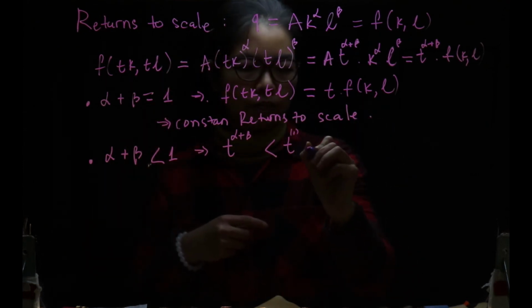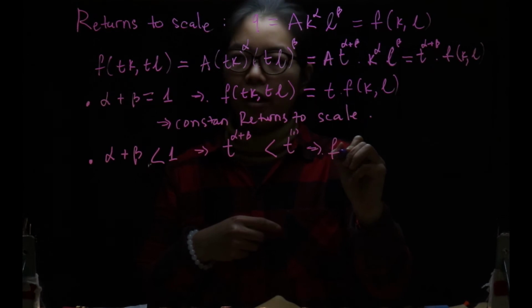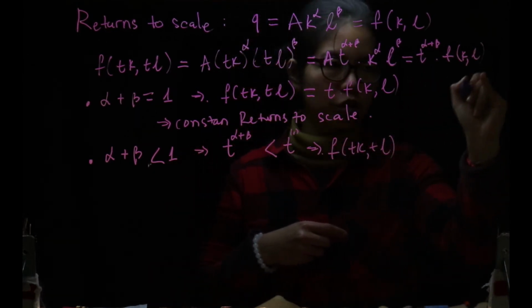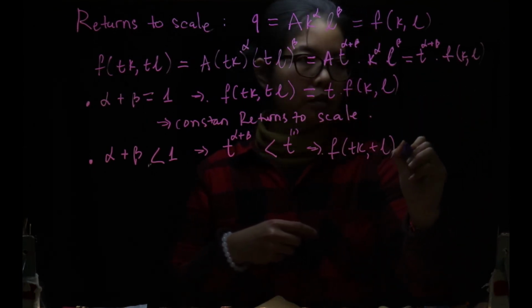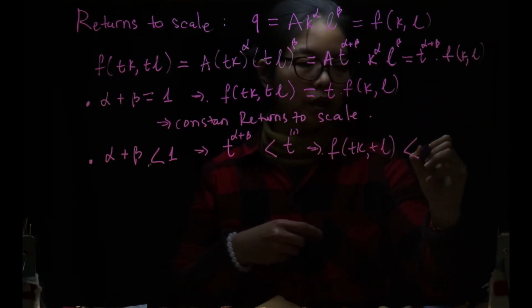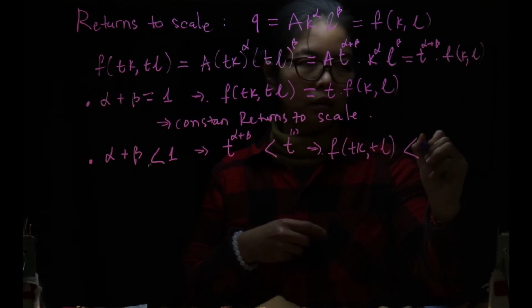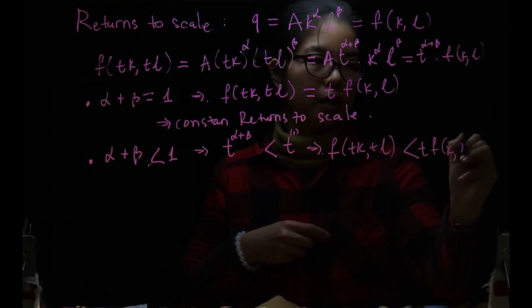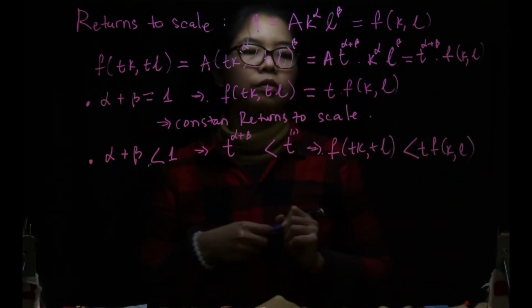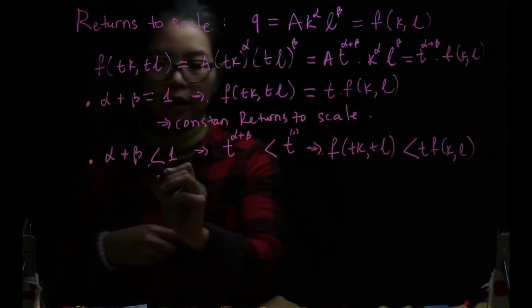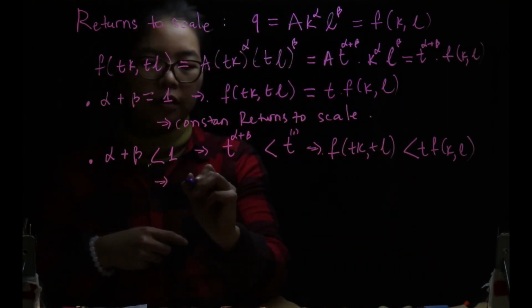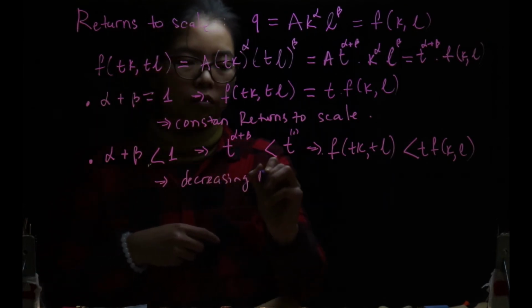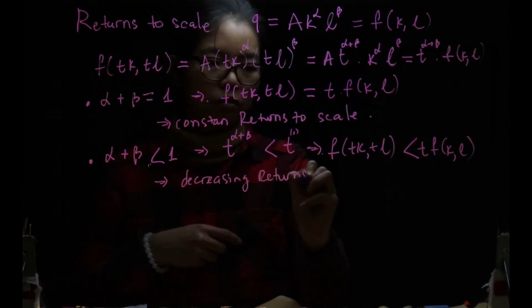As a result, F(tK, tL), which is this term, will be smaller than t times F(K, L), right? And therefore, we have decreasing returns to scale.